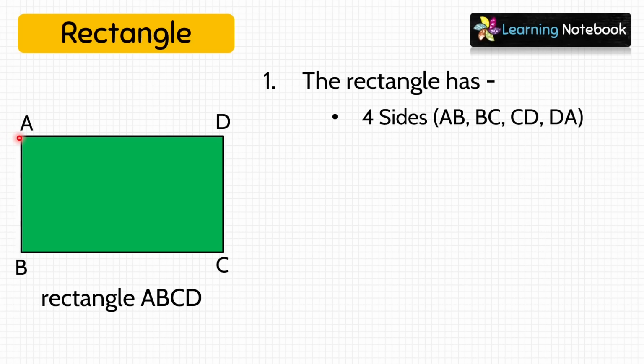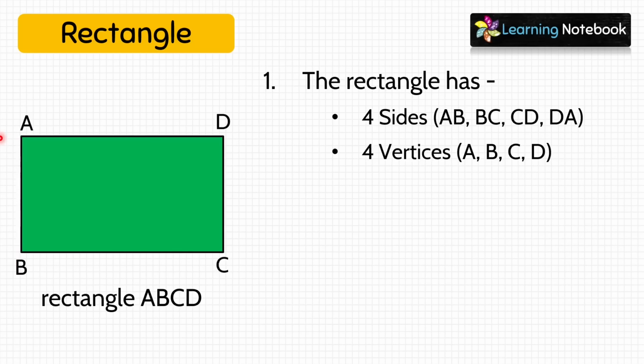So here in this rectangle ABCD, 4 sides are AB, BC, CD and DA. And it has how many vertices? Yes, 4 vertices. A, B, C and D.